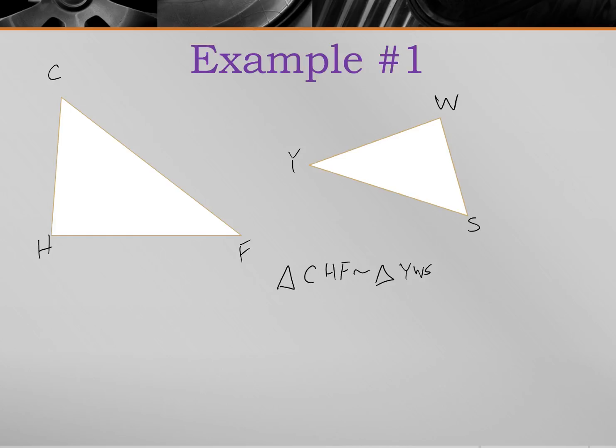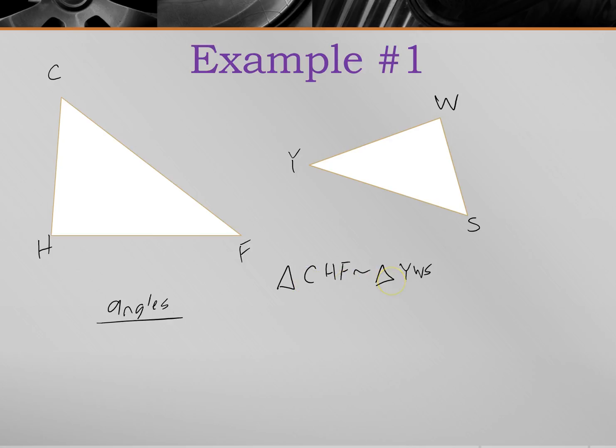So for this example, we were told that this triangle, CHF, is similar, that's what this symbol means, similar, to triangle YWS. So I need to know, which angles should match up with each other? Well, if we remember back to Chapter 4, how we match up angles from congruent triangles, we look at the similarity statement.